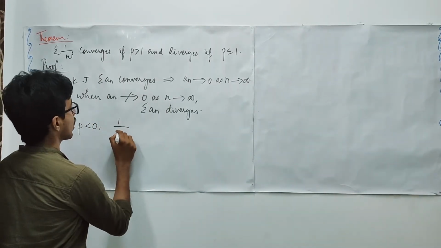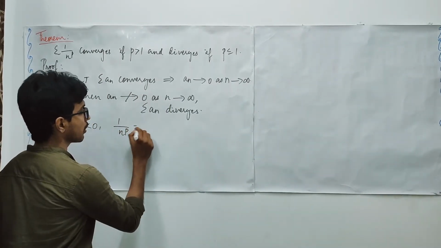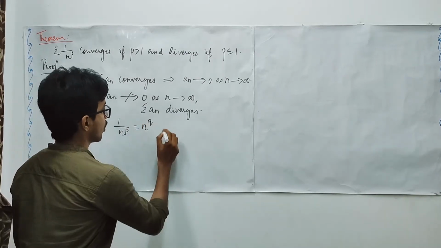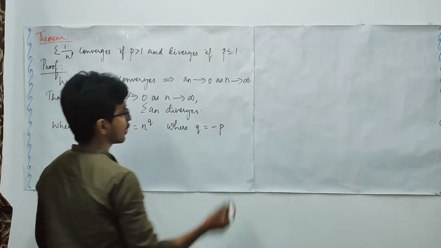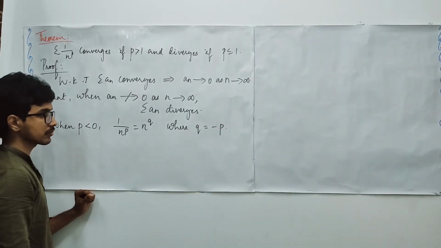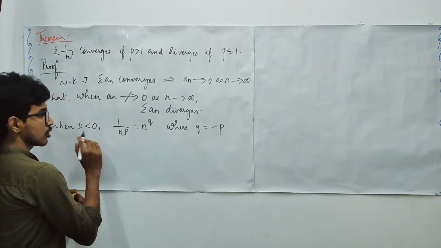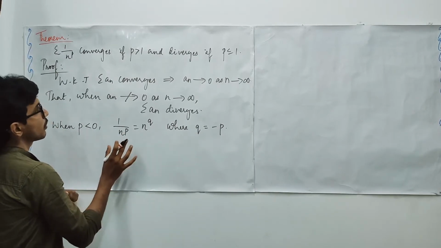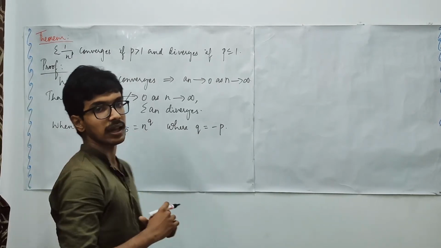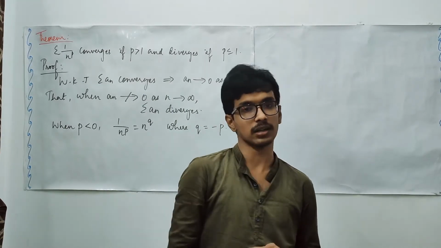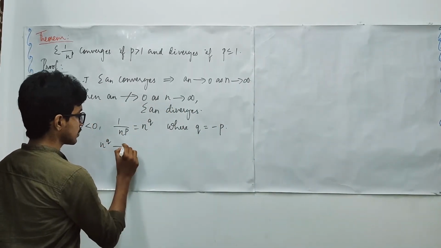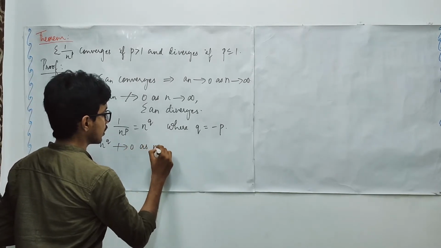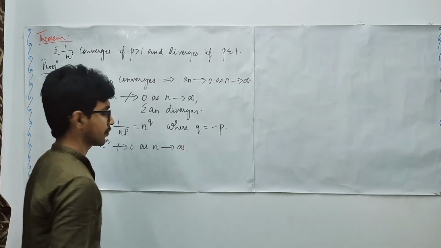Of course your 1 upon n power p can be written as n power q, where q is minus p. So, when this is going to be the case, and you know that n can take any values in the set of natural numbers, your n power q does not approach 0 as n approaches infinity.